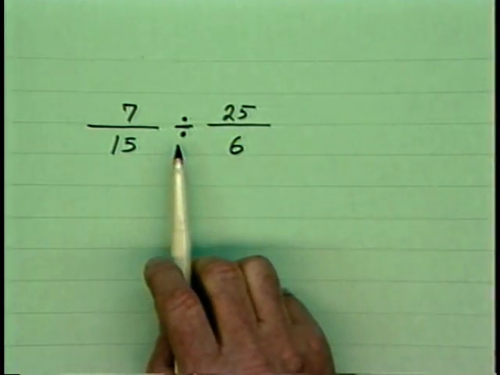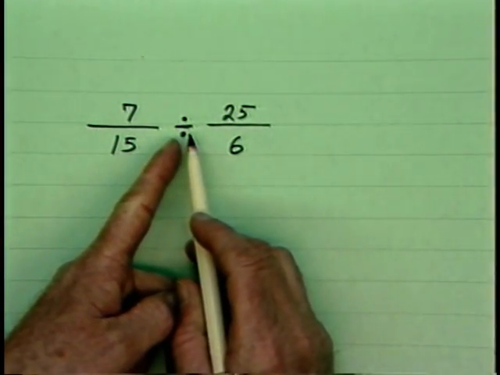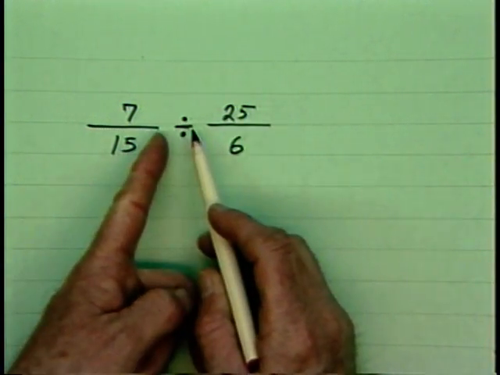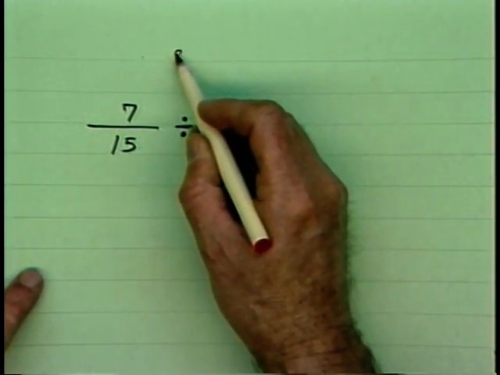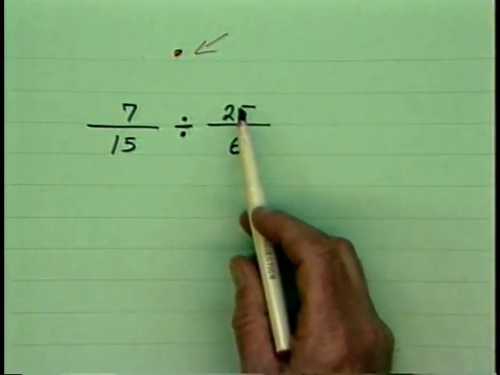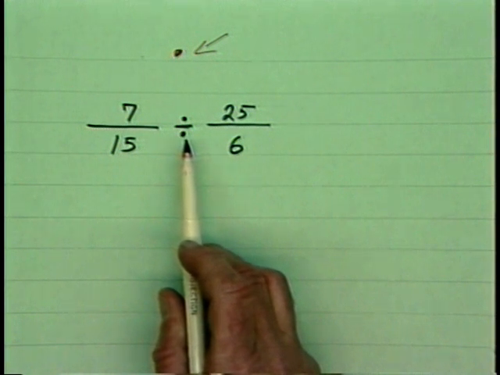Then we moved on to division, cautioning you that you do not want to attempt to cancel across division, only across multiplication. So we cannot divide both of these by 5 because this is not multiplication.